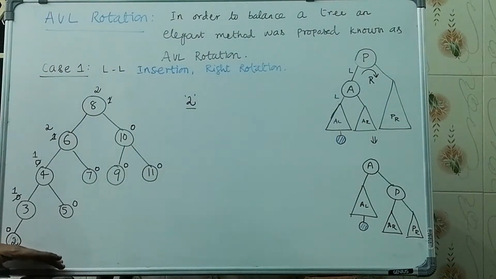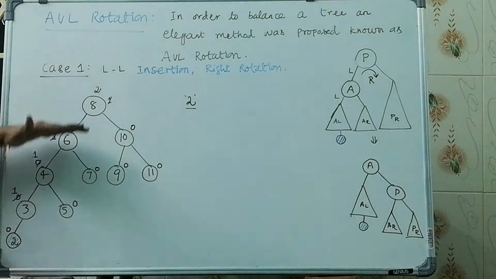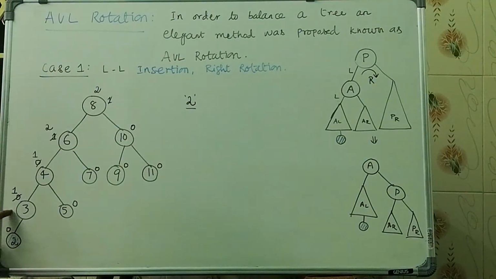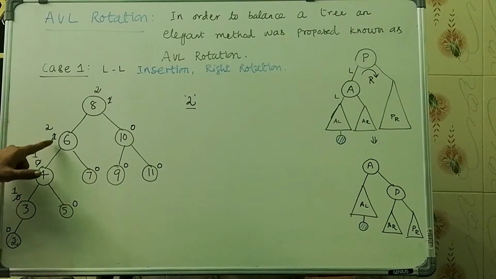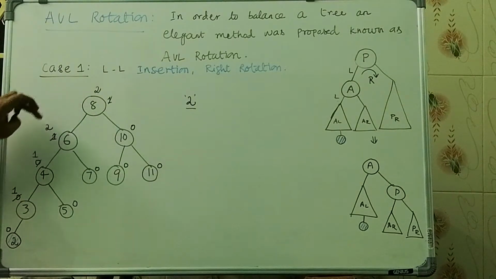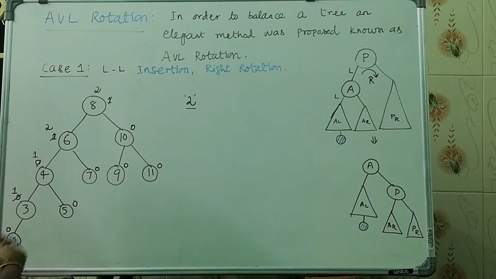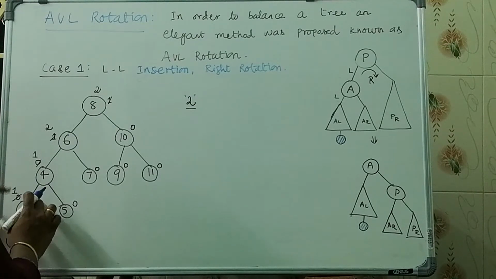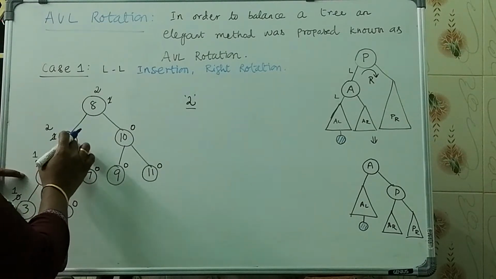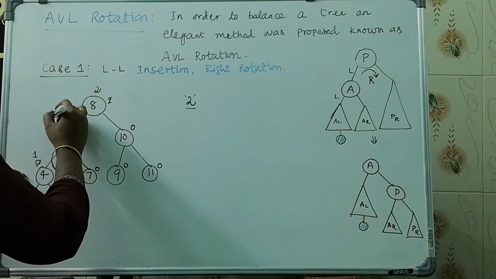After insertion, you look from the bottom to top, and the very first node from the bottom to top whose balance factor is violated, that node is P. Okay, now these are the nodes whose balance factor is satisfied, this also satisfied, this also satisfied, but this is the node whose balance factor gets violated.